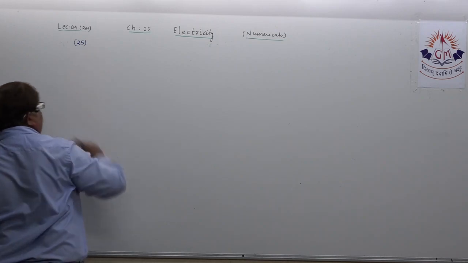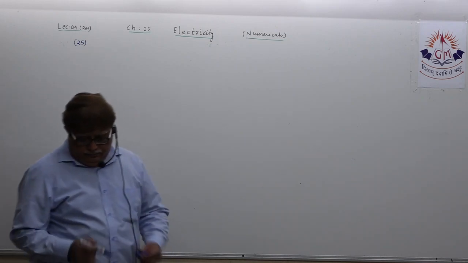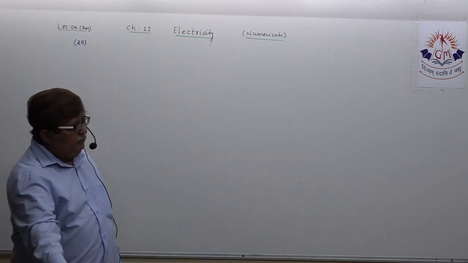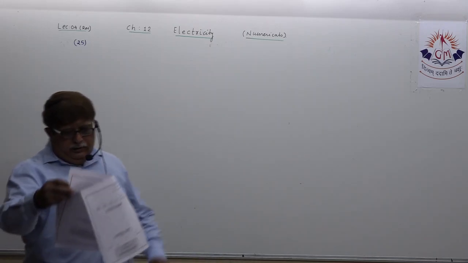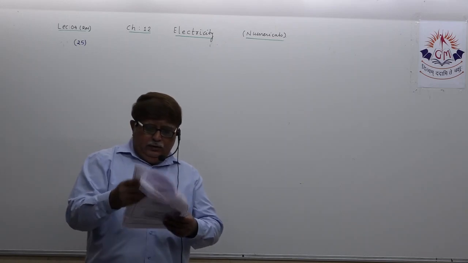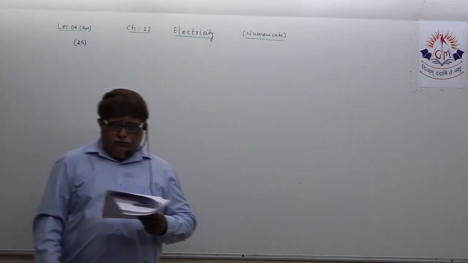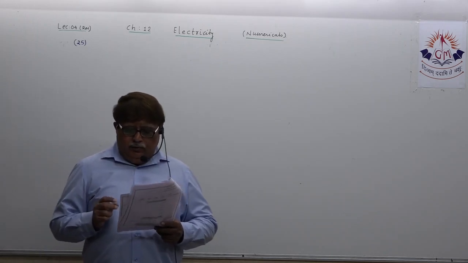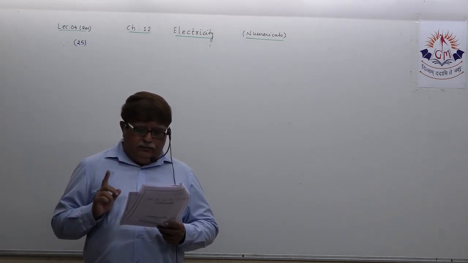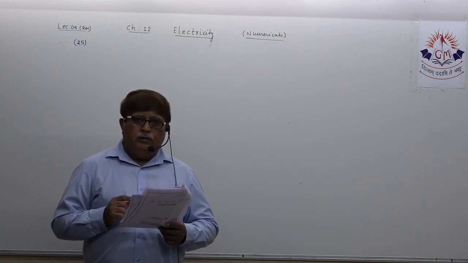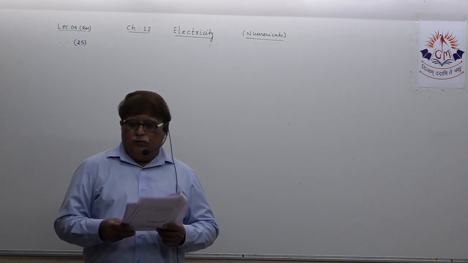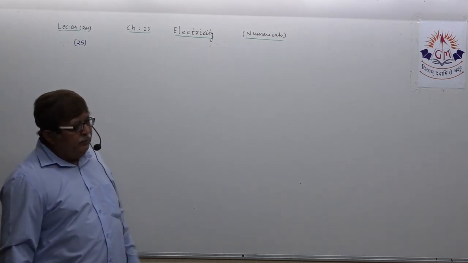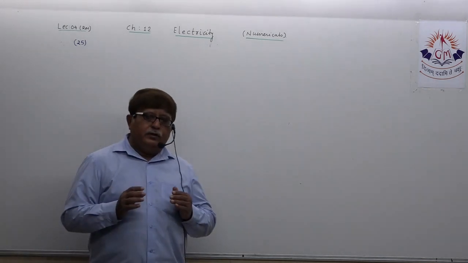What they have given: how would you connect three resistors, each of resistance 6 ohm, so that the combination will have resistance 9 ohm and 4 ohm. See, dear student, understand the question perfectly.